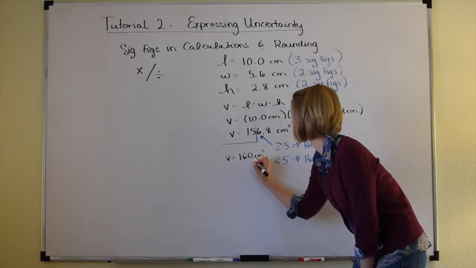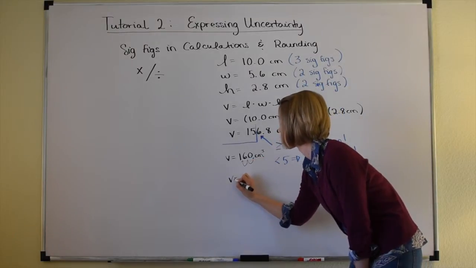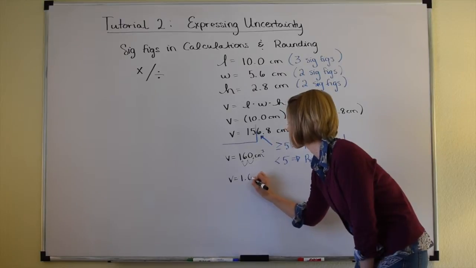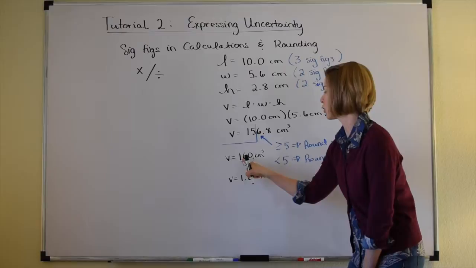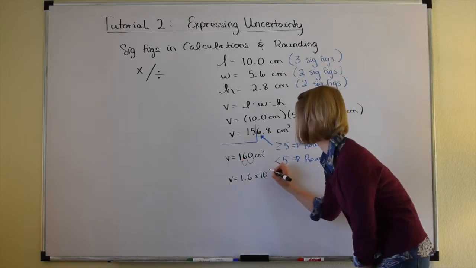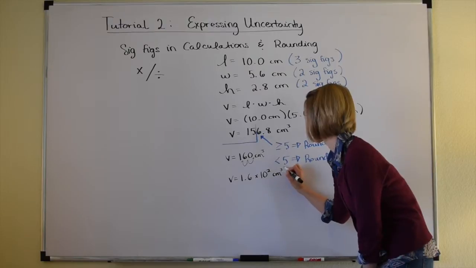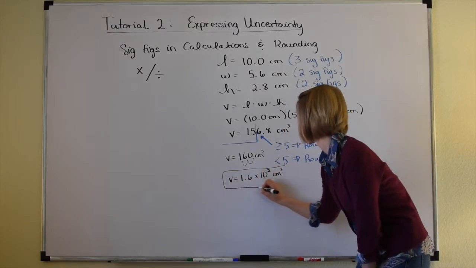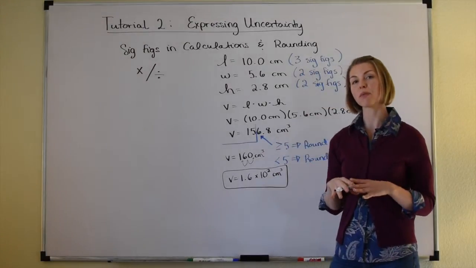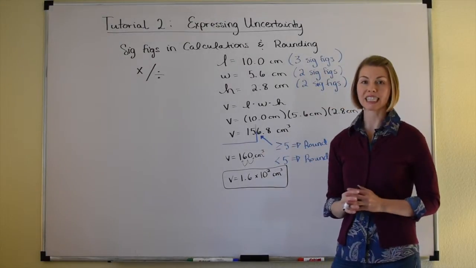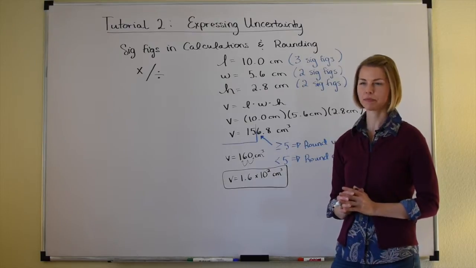So I'm going to move it over here. So like that. So 1.6 times 10, I moved it 2 places to the left there, so times 10 to the 2 centimeters cubed. And there's my final answer for the volume of that block, expressed unambiguously to 2 significant figures.